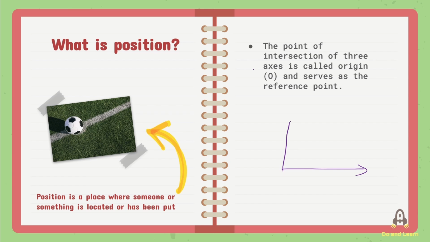You can see there are three axes: X, Y and Z. The point of intersection of these three axes, the center point, is called the origin, the starting point. This is a point of intersection of three axes.